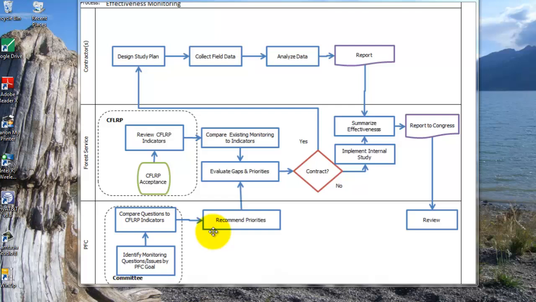There is money in the annual CFLRP funds for monitoring. I believe it's $50,000 a year in round numbers for the Payette. So it's a significant amount of money, but it's not unlimited. I think the idea of recommending priorities, similar to the role the coalition had with the project design, makes some sense.